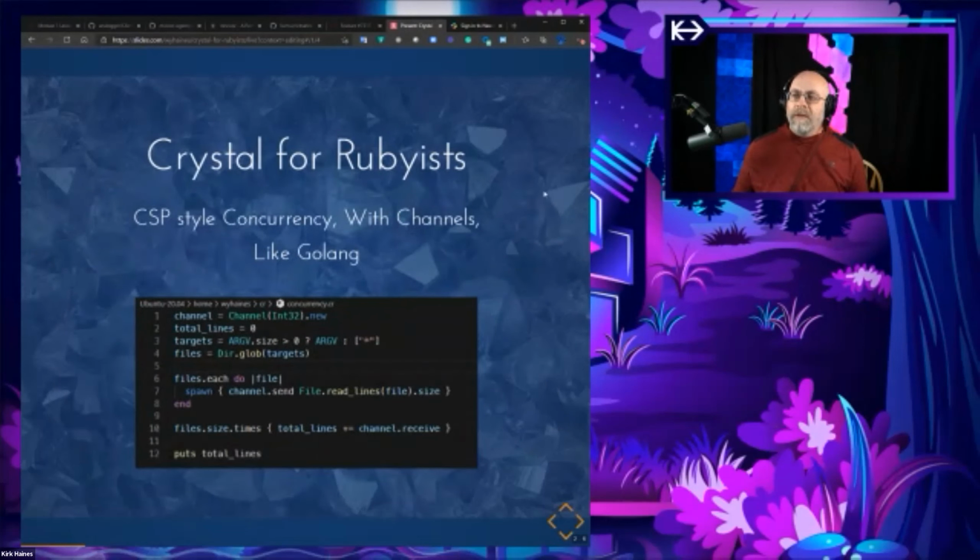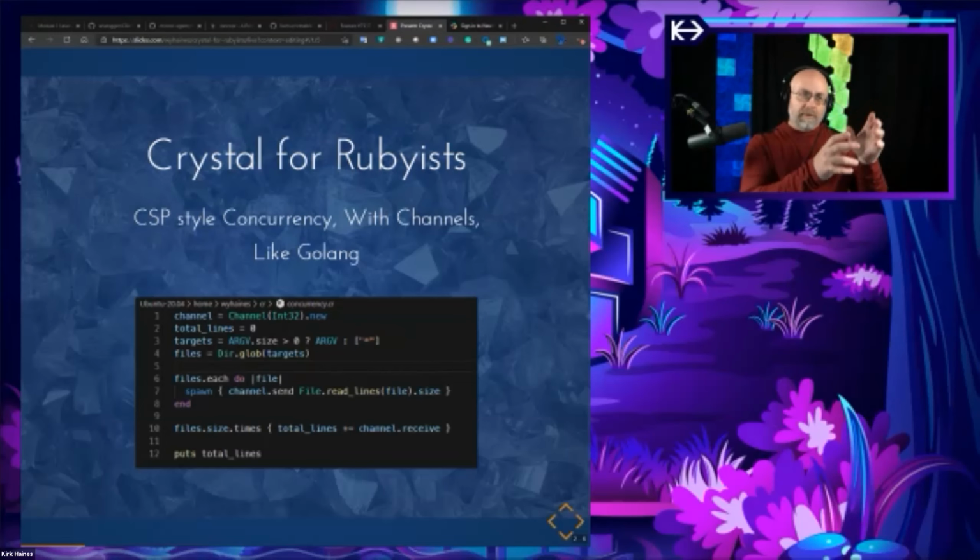The other thing about Crystal is, it's less different from Ruby now with Ruby 3.0 than it was previous to 3.0, but the concurrency in Crystal is a CSP style concurrency like Golang, which means that you have functions that are off running on their own, and they communicate with each other via message passing through channels.